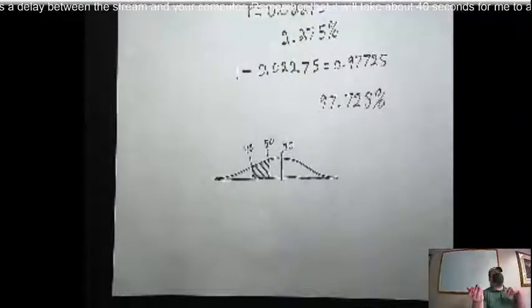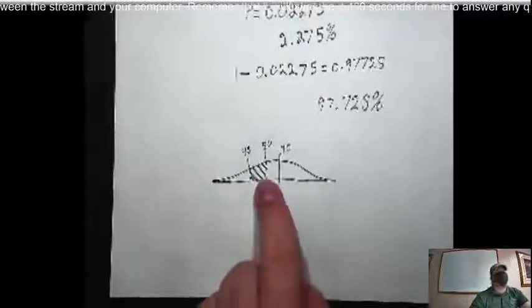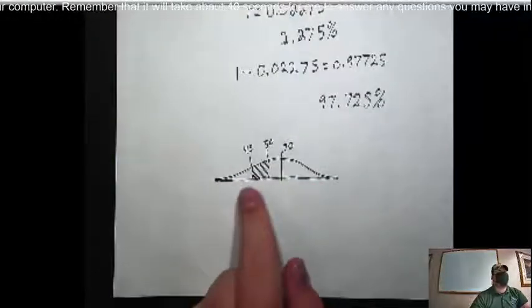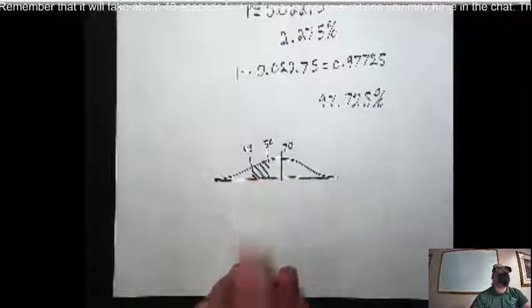Okay, so what we're going to do now is, instead of looking for what percent is below 50 or above 50, we're going to be looking for what percent of people are between the ages of 45 and 50.